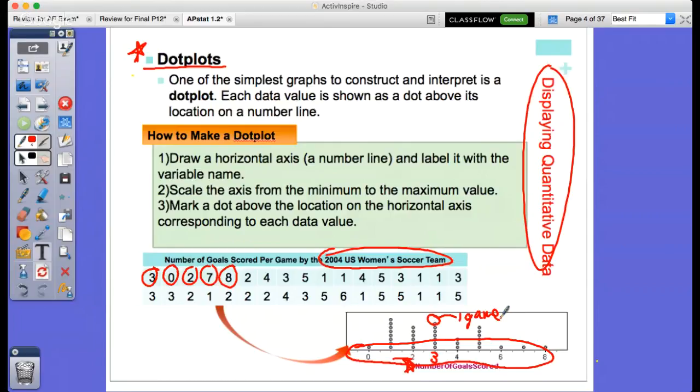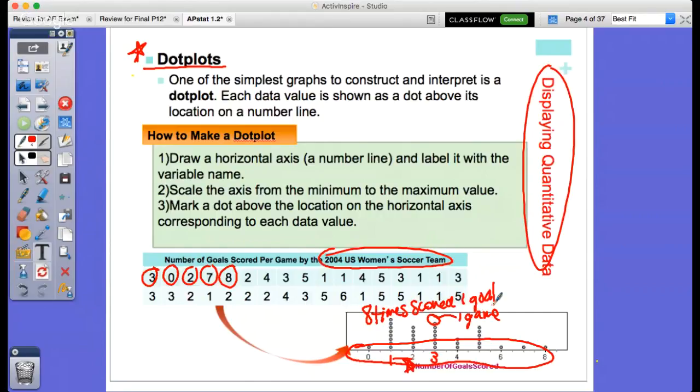And once I label or put this distribution out, we would call that a dot plot, okay? So you'll notice that as I go down here, for instance, in 1, you have 1, 2, 3, 4, 5, 6, 7, 8. So that means in 2004, there were 8 times they scored 1 goal. Again, this would be a quantitative measurement.